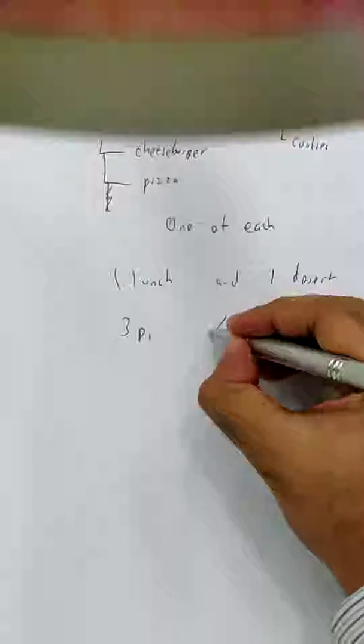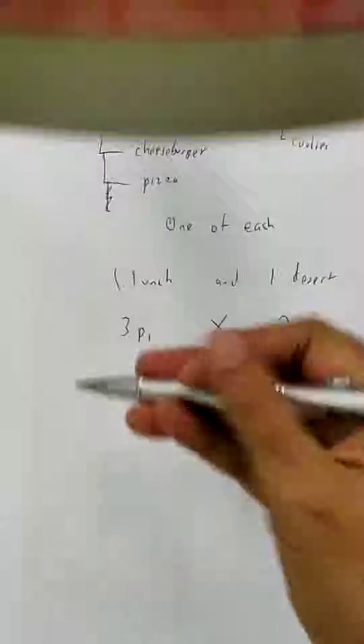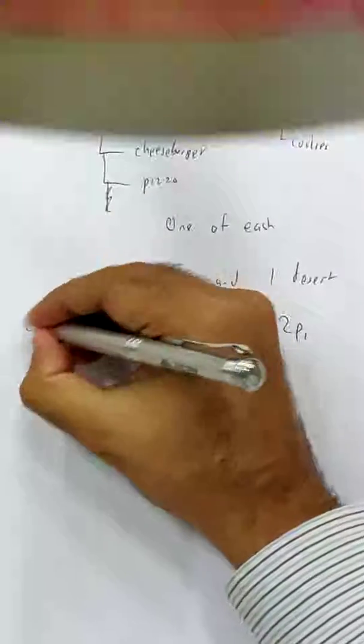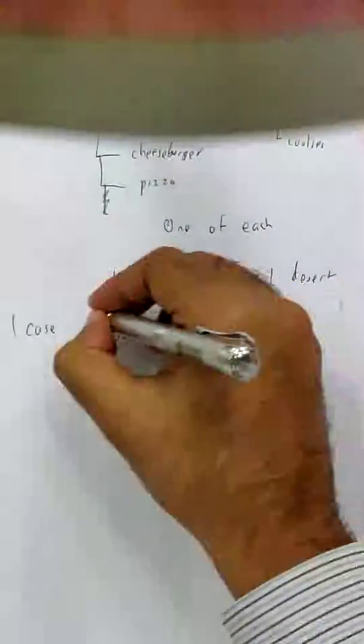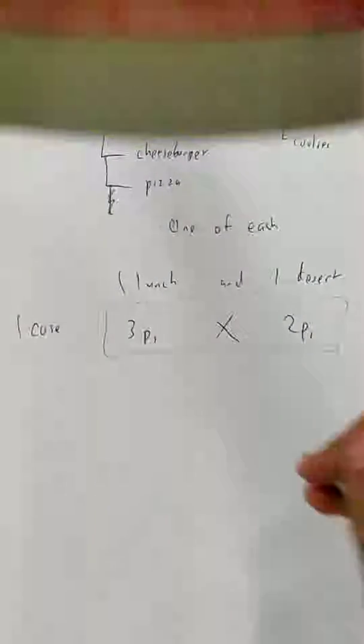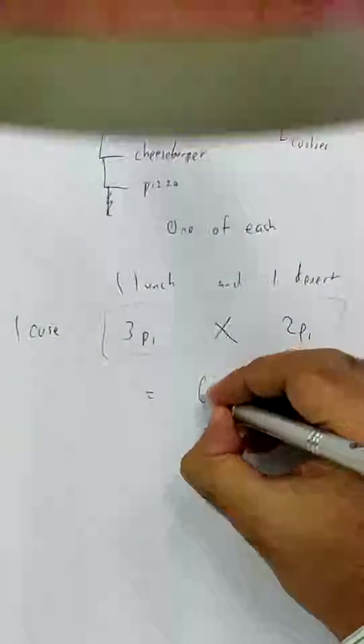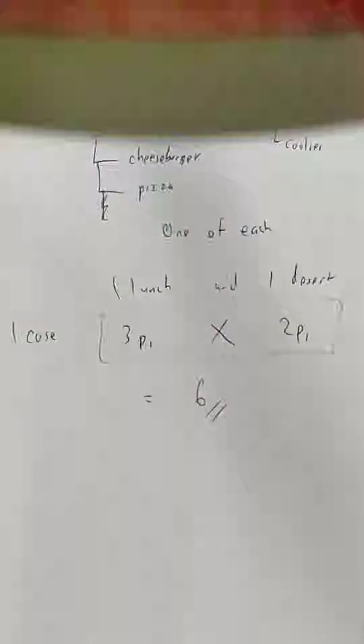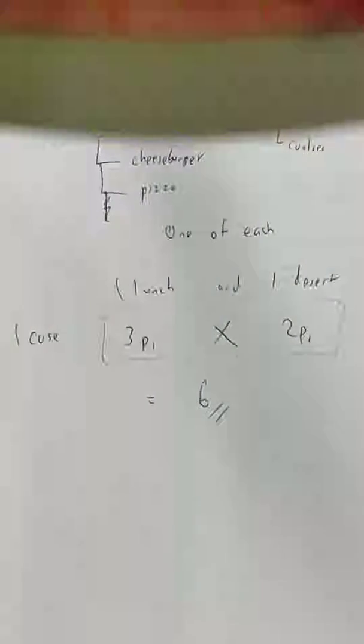Plus or times? Times. When connecting with 'and', it's times. It's one case. There's only one case. What do I mean by that? More than one case, sir? We'll do it later. So the answer is 6. Are you guys okay? Good.